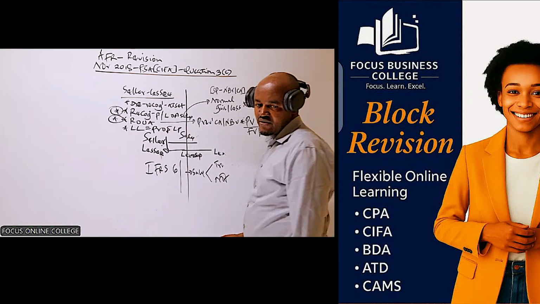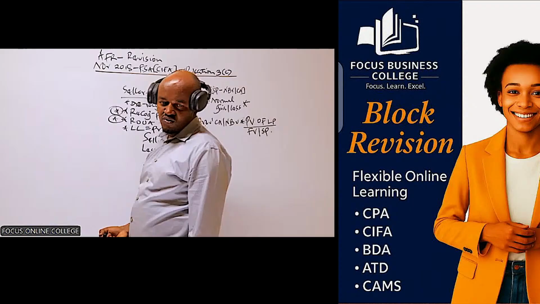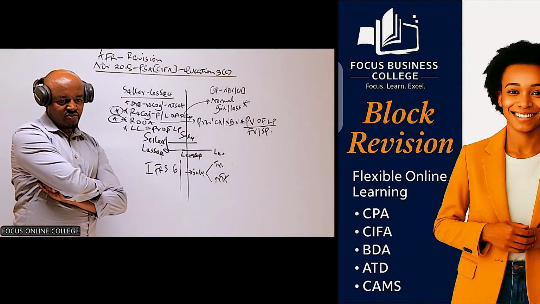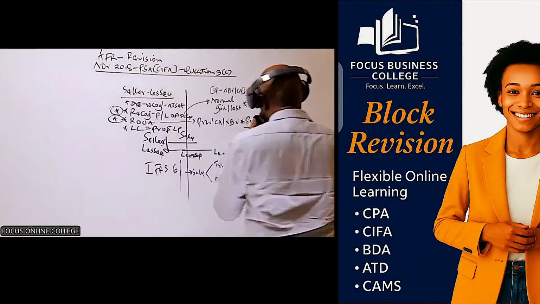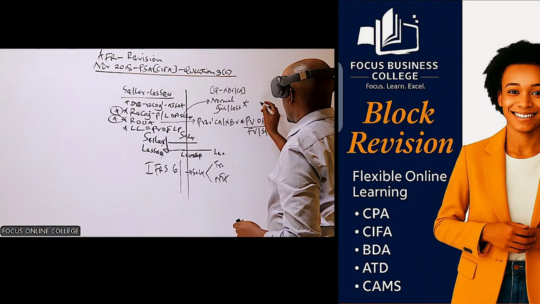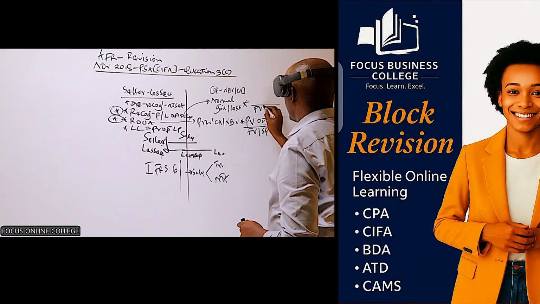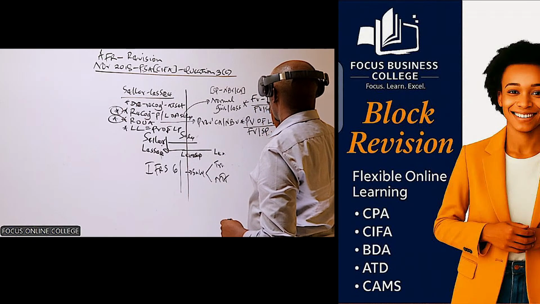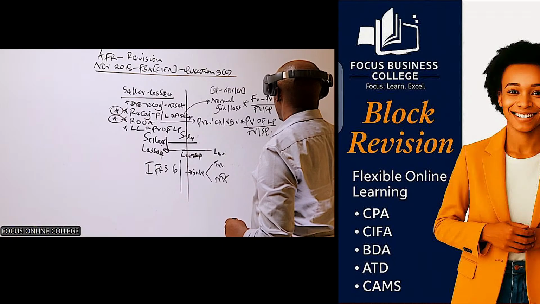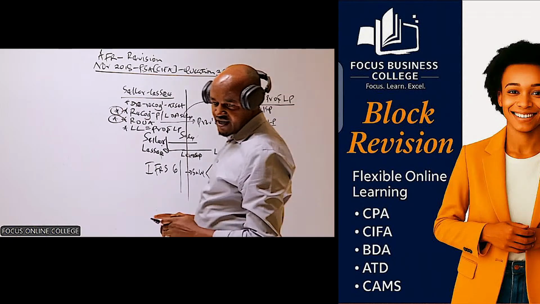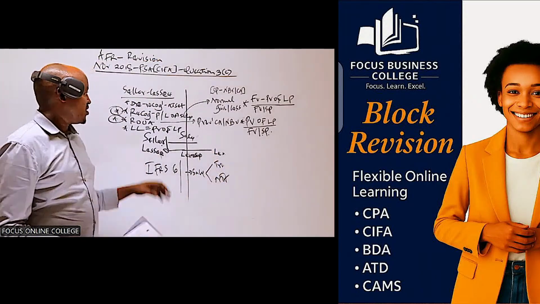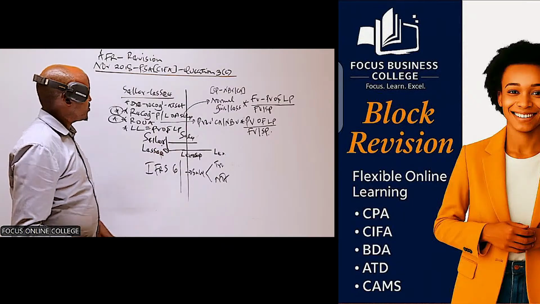Here the denominator should be the fair value, or the sales proceeds, just like here. And then in the numerator we take the fair value minus the present value of the lease payments. Those are the two formulas that are very important as far as the sale and leaseback transaction is concerned. If you can remember that, then the question becomes simple.